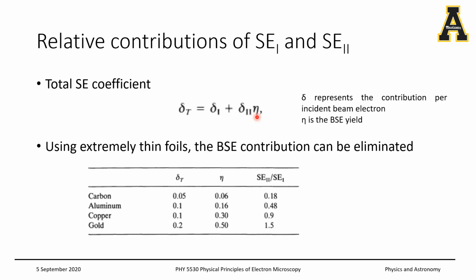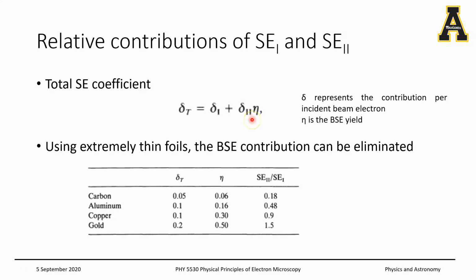So if you have more backscattered electrons, then you have higher yield of SE2. If you have low backscattered electrons, you have lower yield of SE2. And again, this is related to the scattering cross-section, incident energy of the beams, and everything we have discussed in the last 2 or 3 lectures, right?